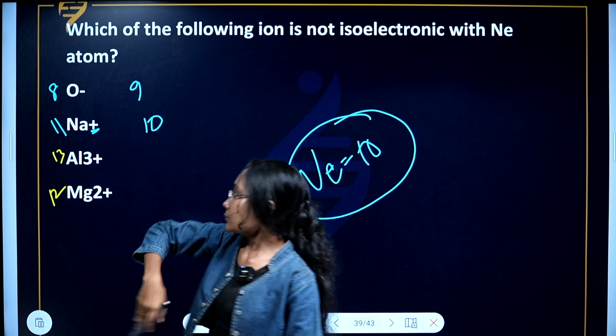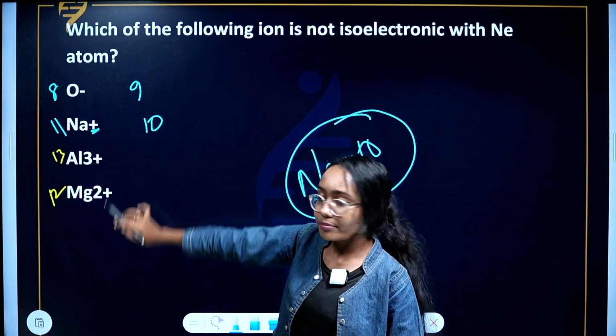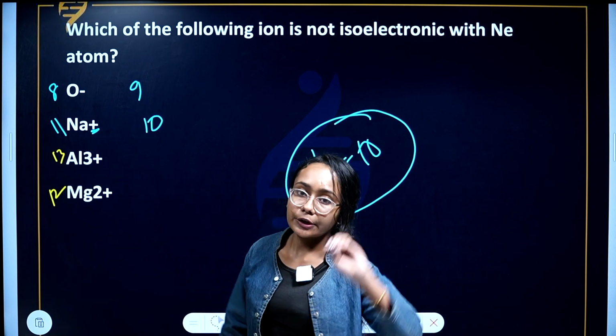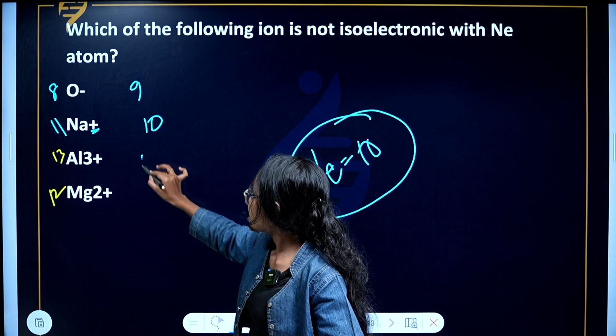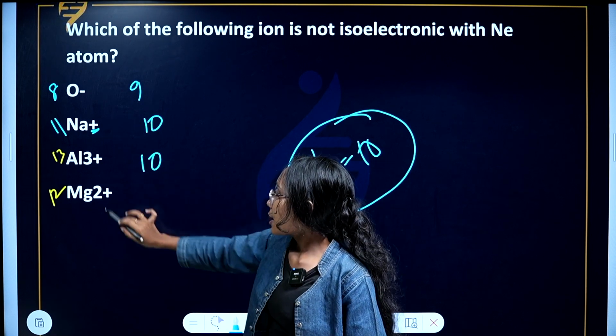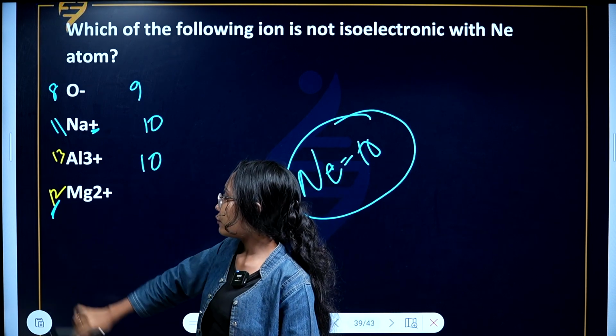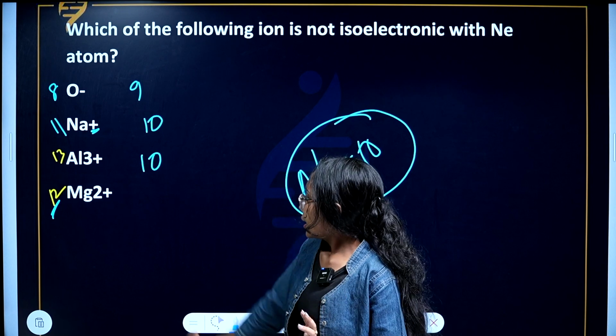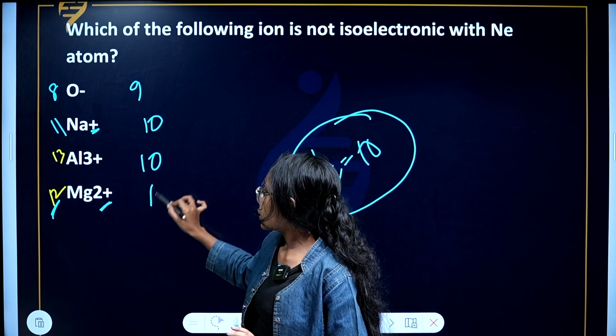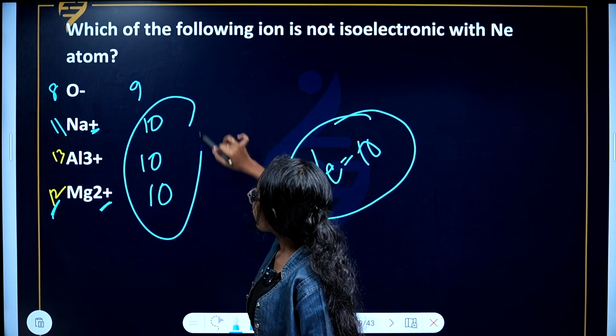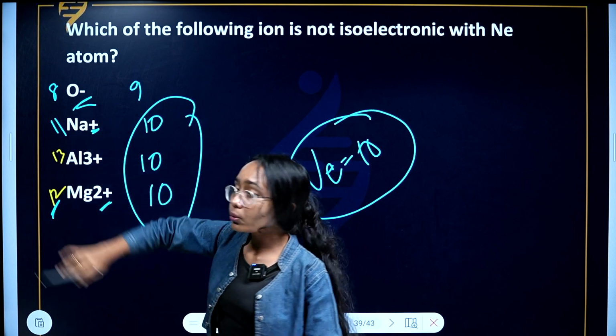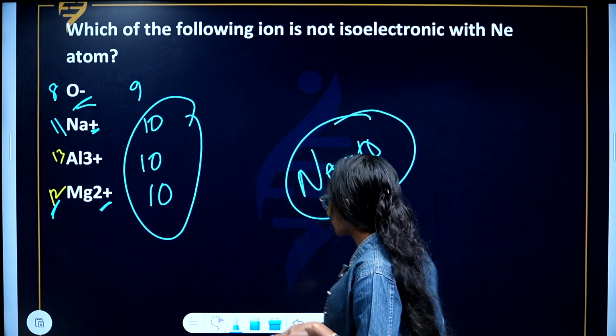Aluminium, the atomic number is 13, 3 plus, it donates 3 electrons, so 10 electrons. Magnesium, the atomic number is 12, it donates 2 electrons, so 10 again. So all these are isoelectronic. Oxygen alone is not isoelectronic.